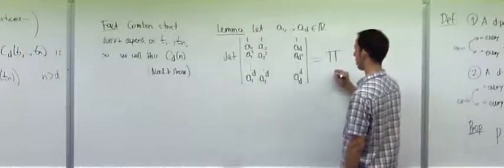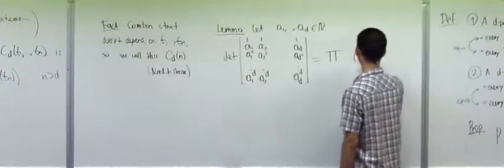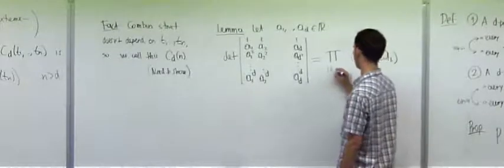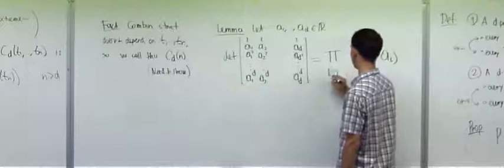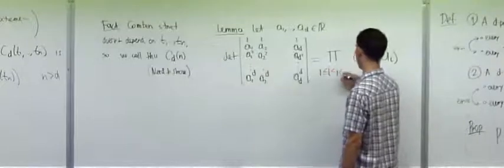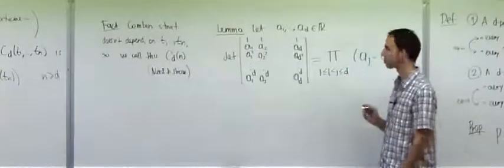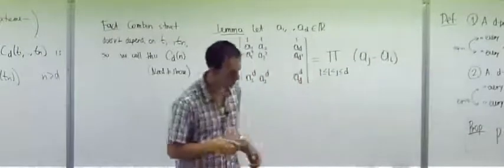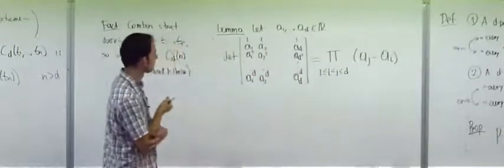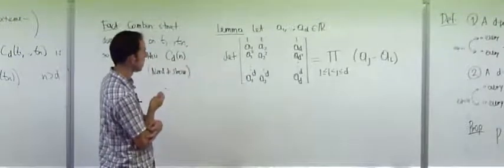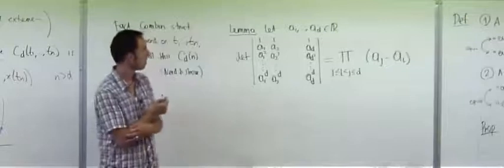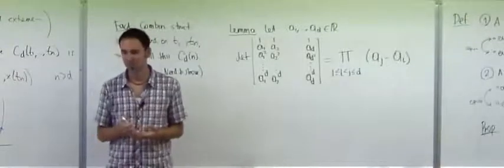It's the product of aj minus ai for each i and j between 1 and d. Actually, I'm realizing something, which is that this matrix is not a square matrix.